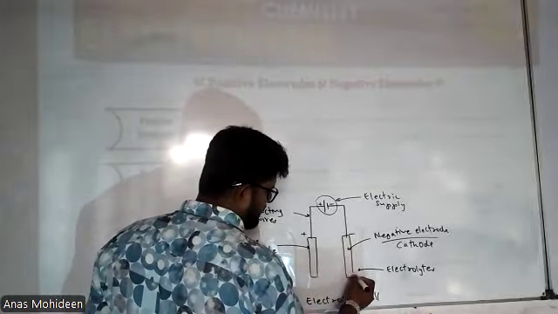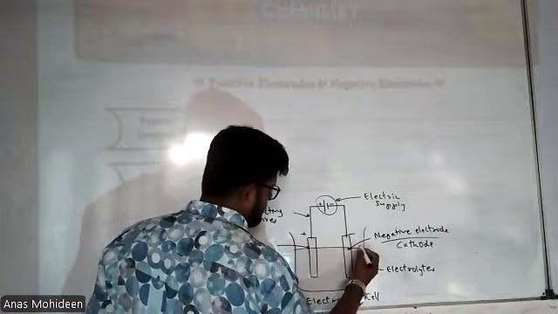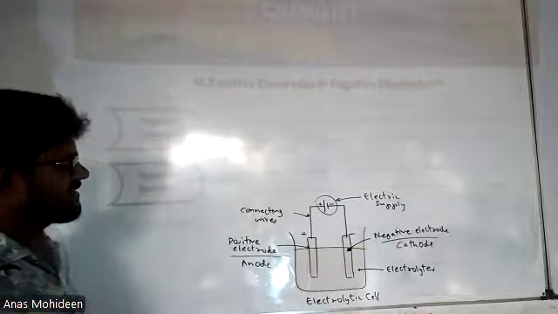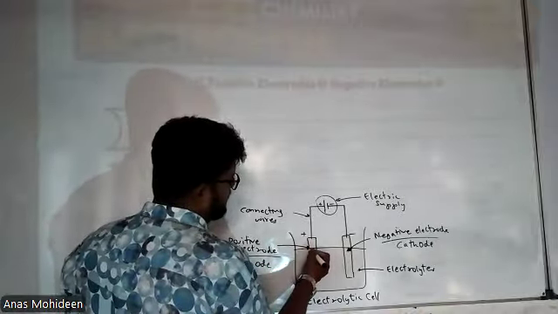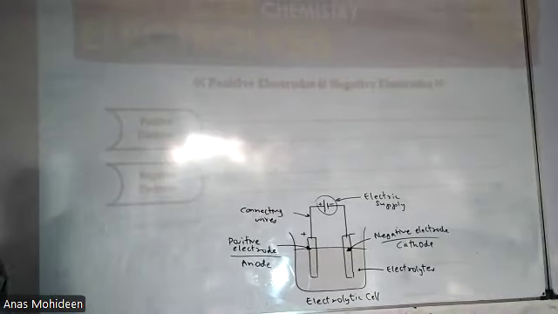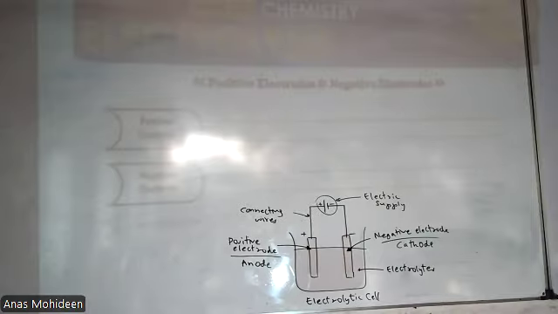The electrode that is connected to the negative terminal of the external electric supply is called the negative electrode or cathode.